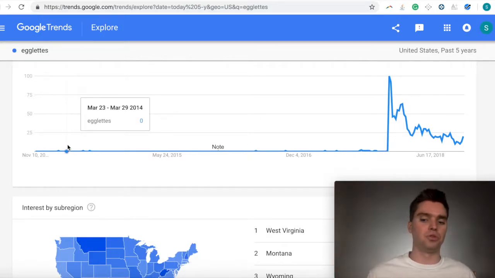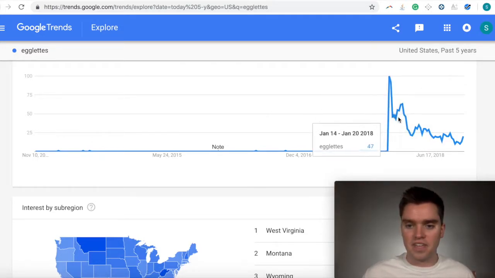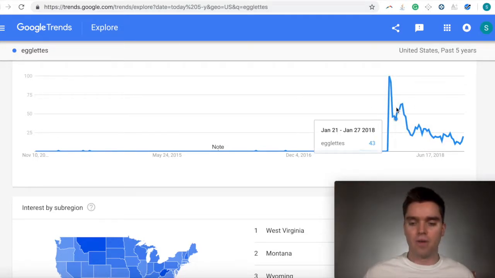This is a product I would absolutely stay away from. And if you're looking around maybe this time period, this data point over here to the left looks really great, but it's skewed. So that's one, is trends. If it looks something like this, if there's a big spike, stay away from it.